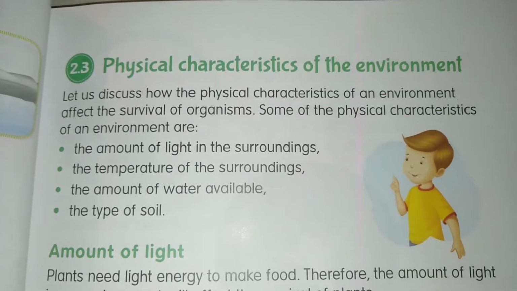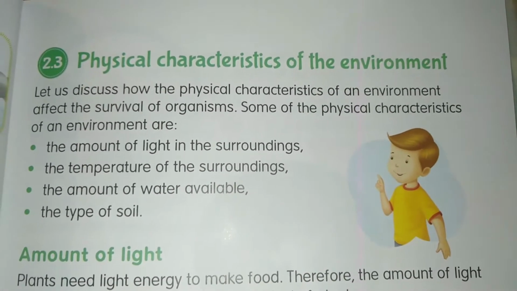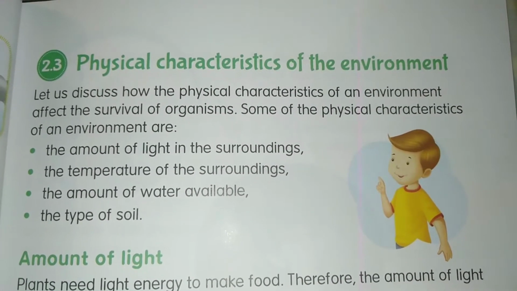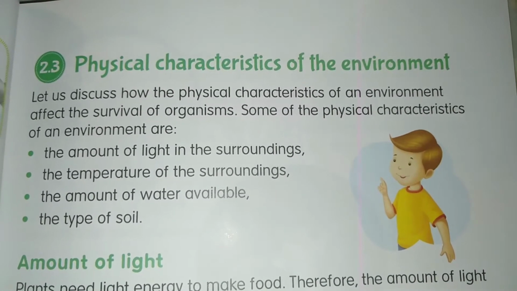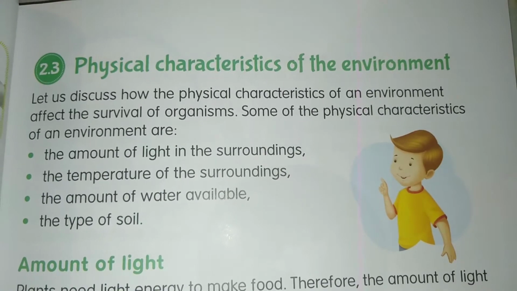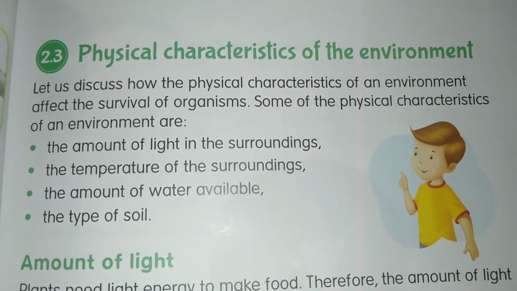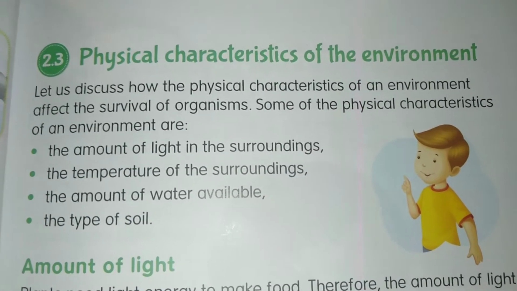Okay, today we will proceed to our next lesson about the physical characteristics of the environment. Let's discuss how the physical characteristics of the environment affect the survival of organisms.